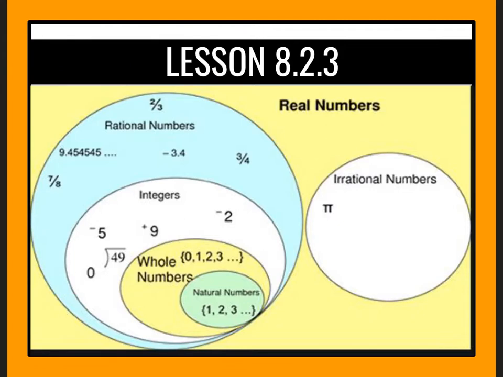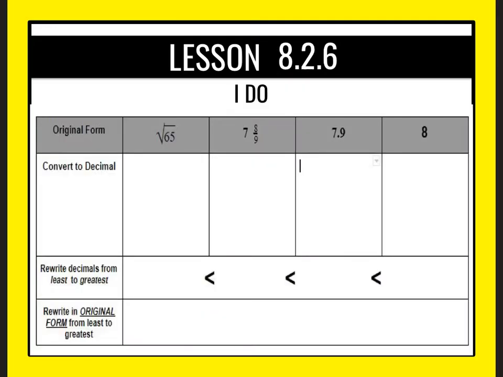I'm going back to the graphic organizer we've been using in this unit. So again, we are going to be taking rational numbers and irrational numbers at times as well, and we are going to be placing them in order. So let's first start with our first example.